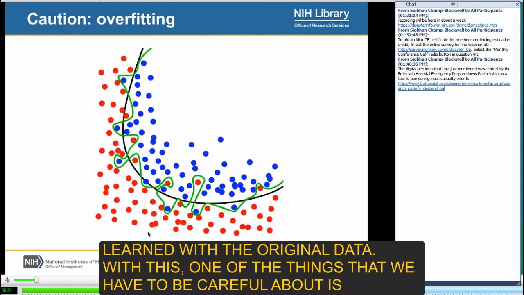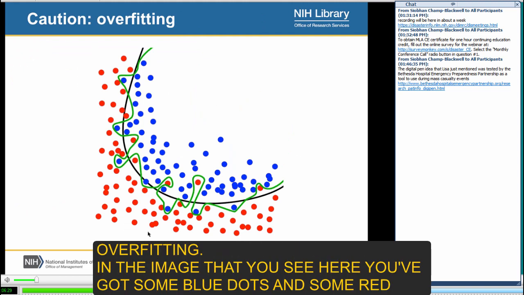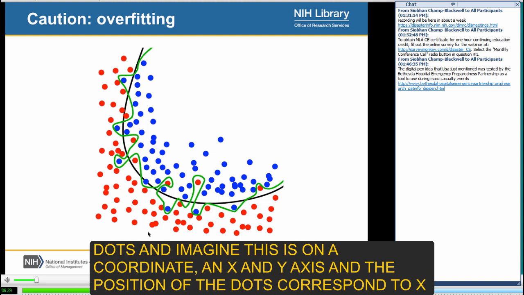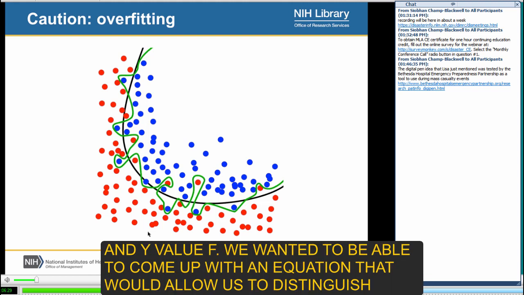So with this, one of the things that we have to be careful about is overfitting. In the image that you see here, we've got some blue dots and some red dots, and imagine that this is on a Cartesian coordinate. We've got an X and a Y axis, and the position of the dot corresponds to an X and a Y value.